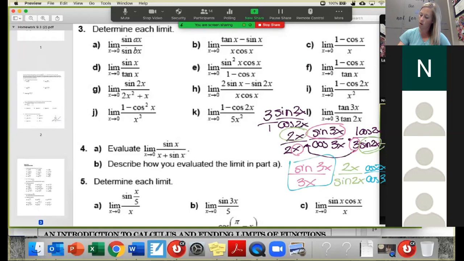This works out to 1, that works out to 1. Cosine of 0 over cosine of 0 is just 1. What happened to the 2 on the far left bottom? That's still there, so that's a 1/2. So that means my answer is 1/2. I lost that in my shuffle.